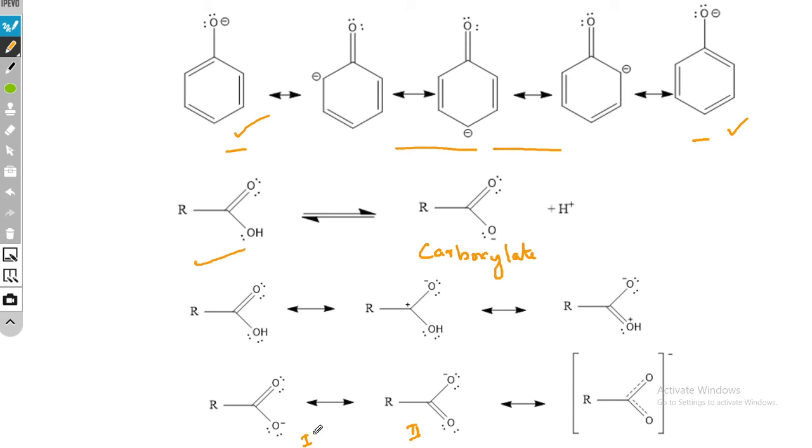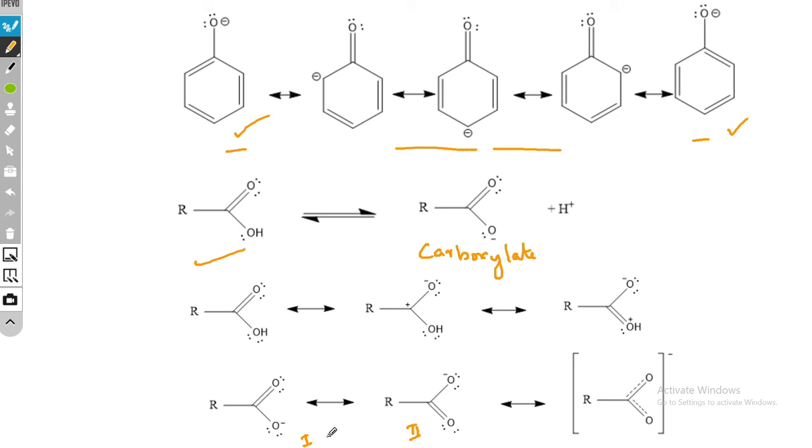But if you see the resonating structures of this carboxylate ion, both are equivalent structures and contribute equally to the resonance hybrid. Besides that, this negative charge is dispersed on the electronegative atom oxygen.